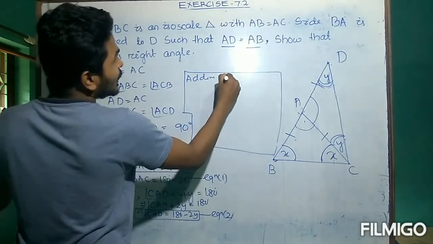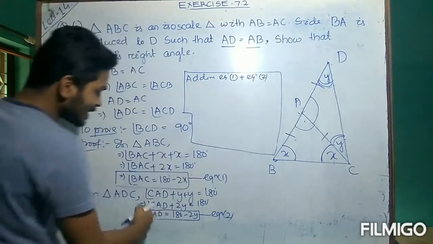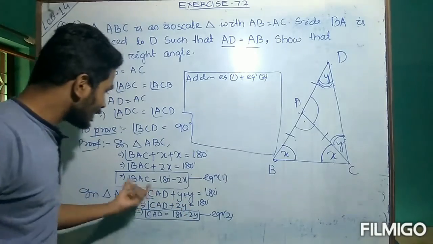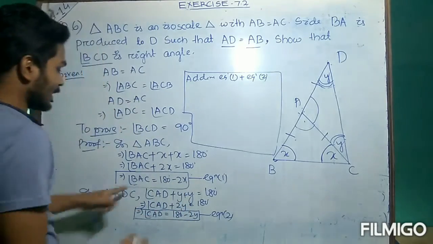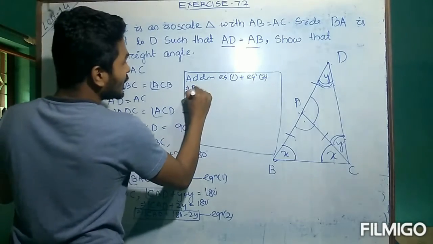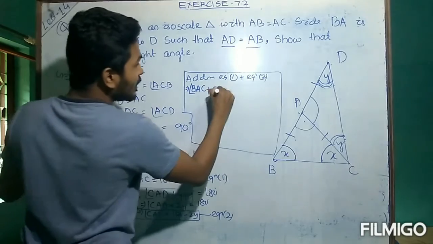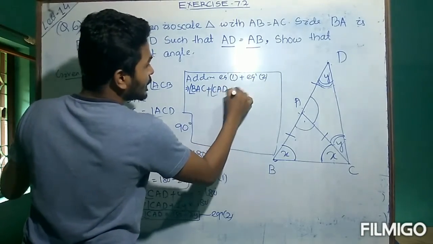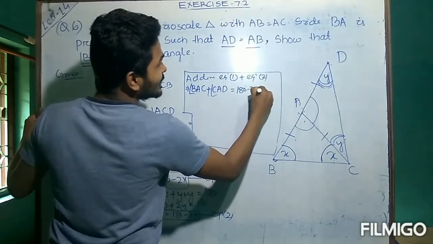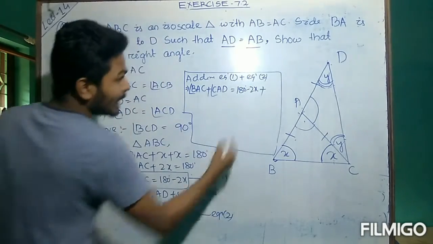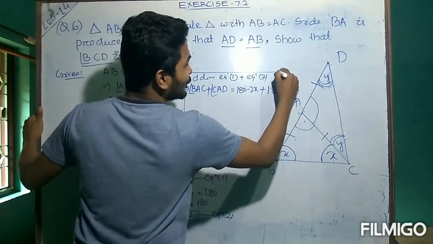Adding equation 1 plus equation 2. So let us add them. Whenever we add, the left hand side must be added with the left hand side and the right hand side must be added with the right hand side. So we will get BAC plus CAD is equal to 180 degrees minus 2x plus again 180 degrees minus 2y.